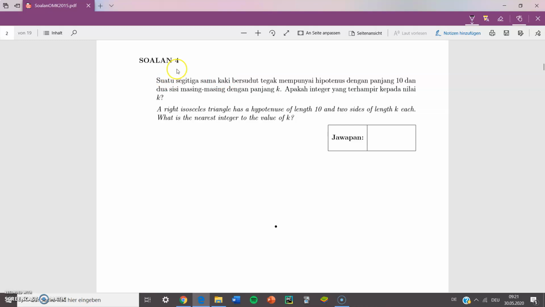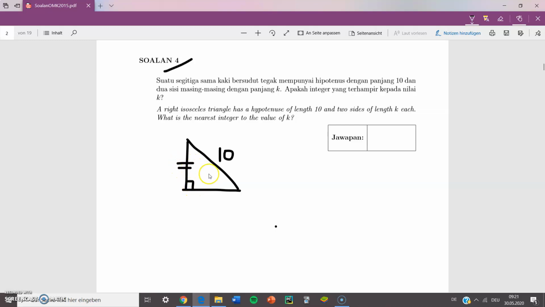Okay, so for our soalan 4, we have a right isosceles triangle that has a hypotenuse of length 10, hypotenuse being this one, the longest side, and 2 sides of length k each.